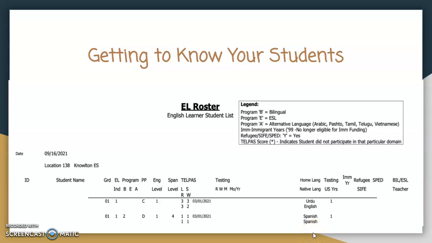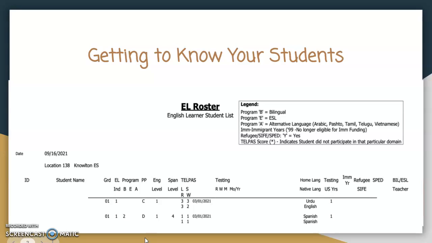You will be able to see the home language and the native language that is spoken at home, and then how long the student has been in the United States. Other information that you will be able to see here is whether your student has a 504 or receives any special education services.